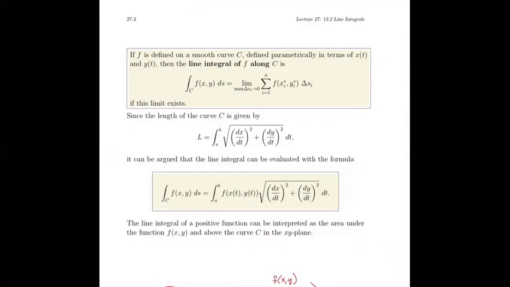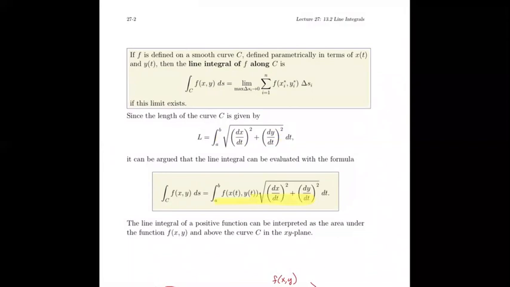Okay. Now, how to handle ds? This is the arc length in these cases. So it turns out that ds is actually parameterized by the following: the square root of dx dt squared plus dy dt squared. That's from our arc length integral from Calc 2 for a parameterized function in x and y of t. And if we plug that in for ds within our integral, we can argue that this is the correct formula, but the details of that mathematically are a bit tedious.